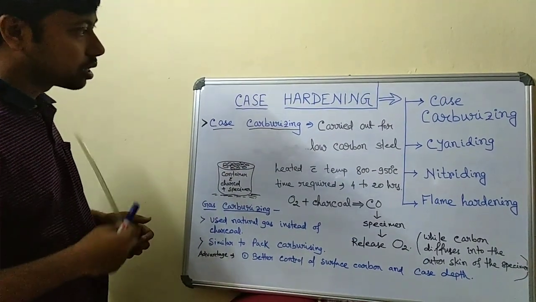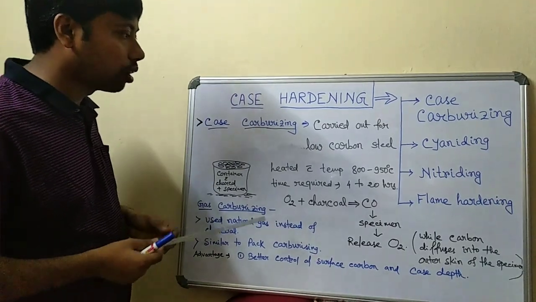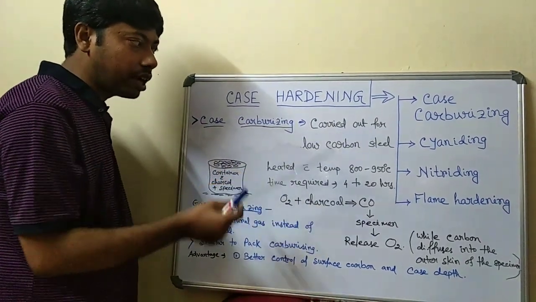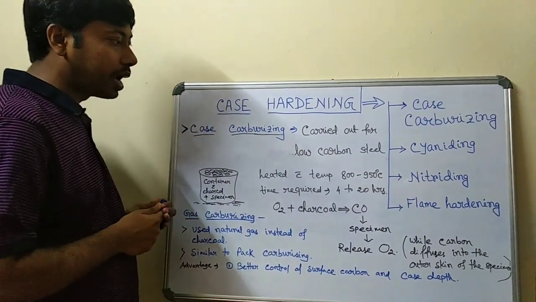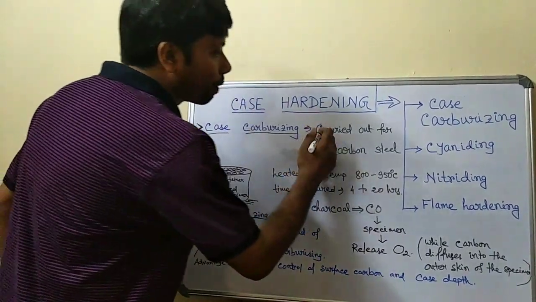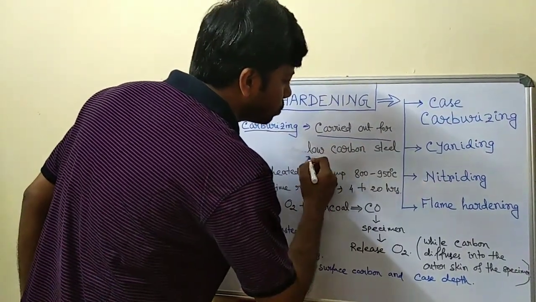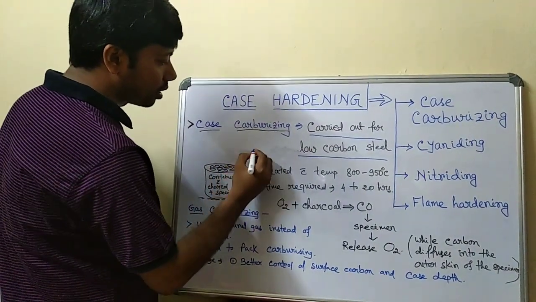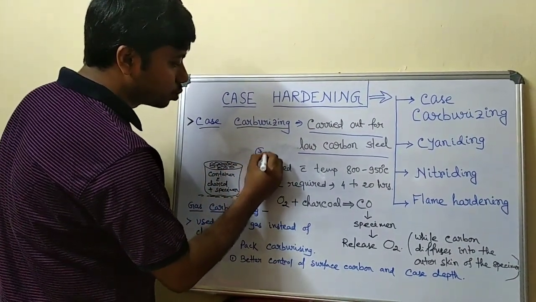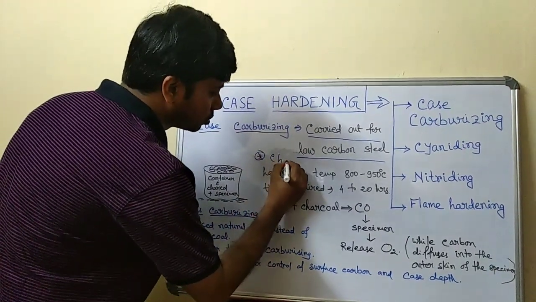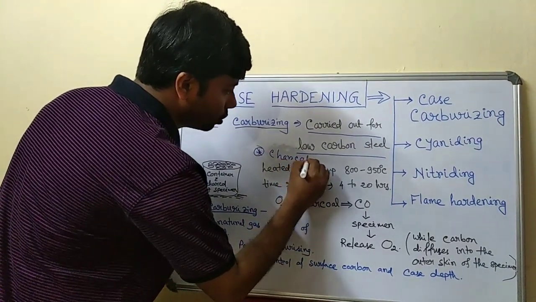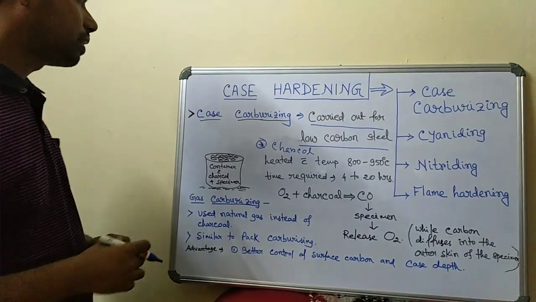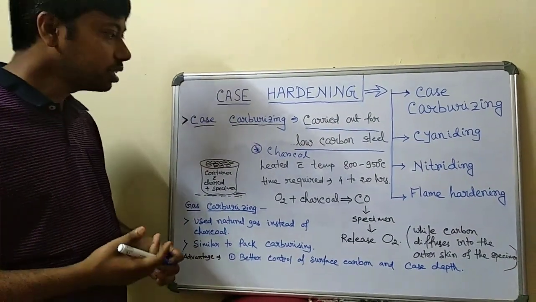Case carburizing is used for low carbon steel, and the material basically used is charcoal.